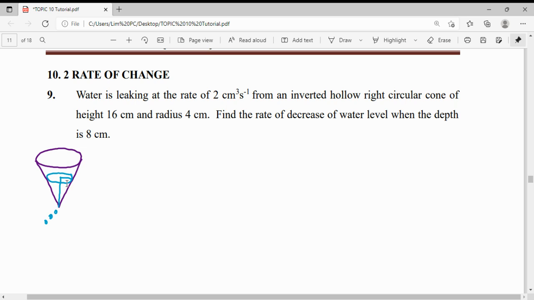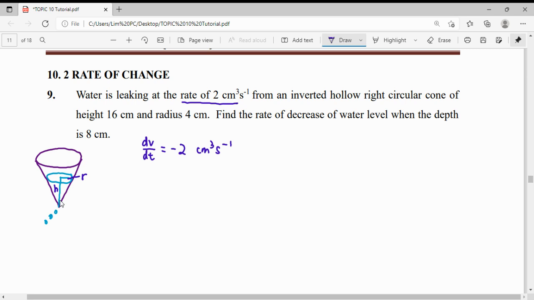So from this information, when we write it in mathematical terms, it will be the rate of change of the volume, dV/dt, equal to -2 because of the situation of decreasing. So we can see when our water is leaking out from our cone, it will have a variable height, which is the height of our water, and the radius of our water.